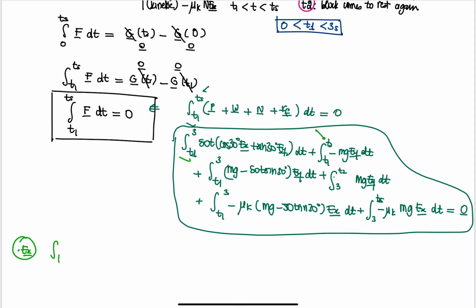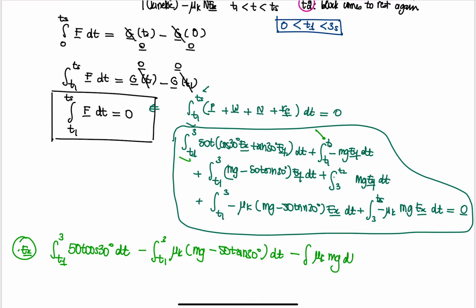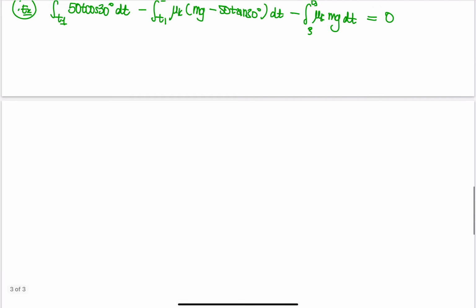So I'll get the integral from T1 to 3 of 50t cosine 30 degrees dt. The weight and the normal force go away, since both are along Ey. Then minus the integral from T1 to 3 of mu k times mg minus 50t sine 30 degrees dt, minus mu k mg dt from 3 to Ts, equals 0.